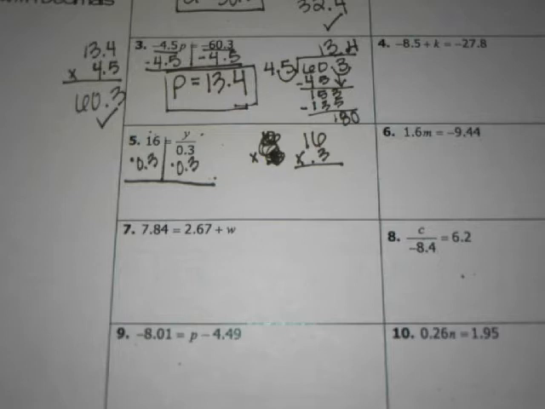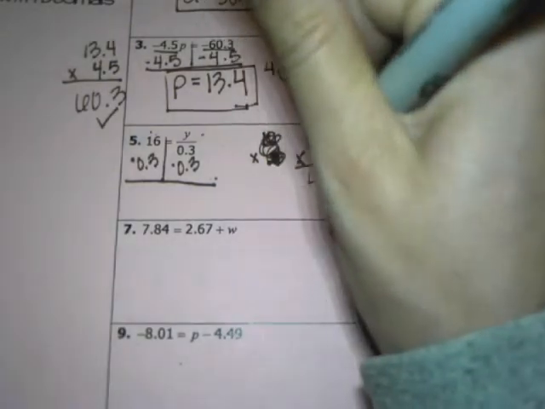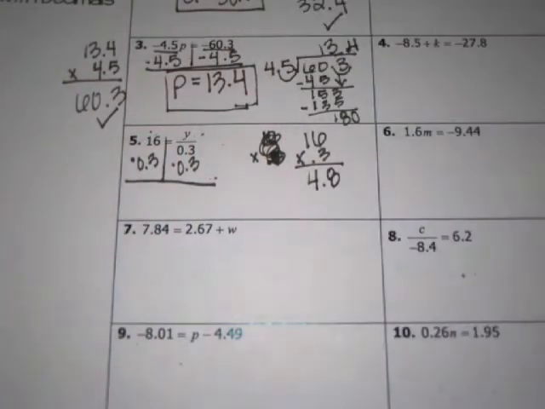What's 16 times 0.3? You should have told me 4.8. What should you do to double check that you got it right? What am I dividing?